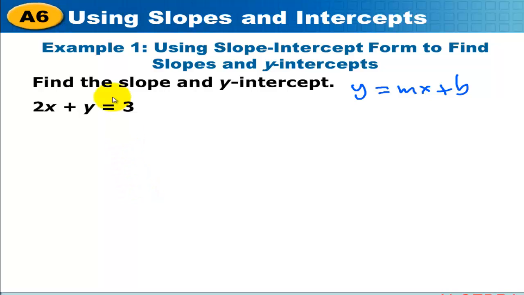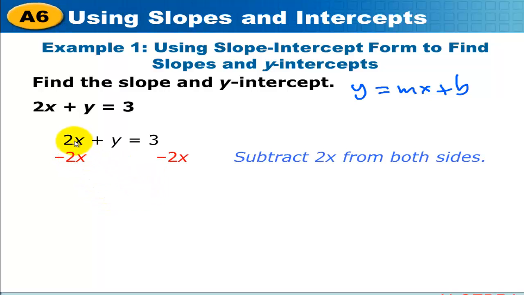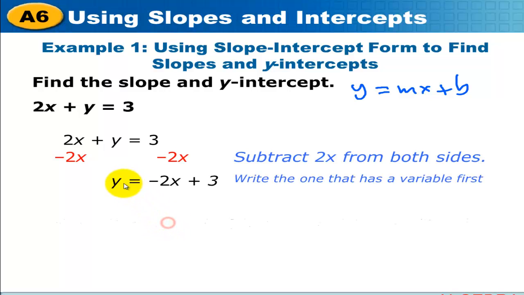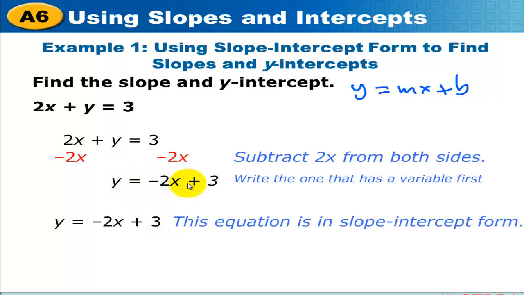I don't need my 2x here. So we are going to use our subtraction property. Subtract 2x from both sides. 2x minus 2x will cancel out using our additive inverse. Now the way I am going to write 3 minus 2x is I'm going to write first my term that has a variable. So I will have y equals negative 2x plus 3.